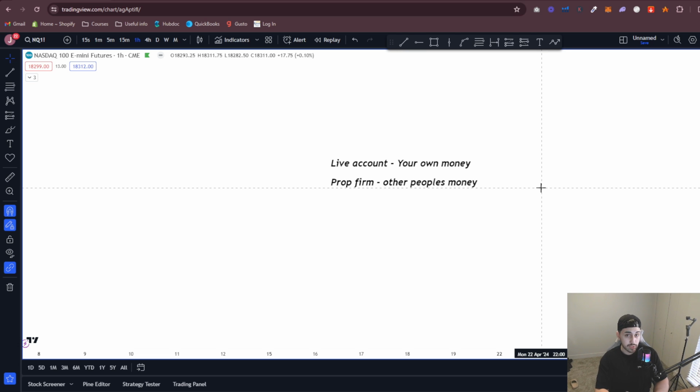And don't worry, if you blow it, you only lose the fee that you paid for that challenge. For example, if you paid $150 for a 150K account, you lose $150 if you lose that. You don't have to repay $4,500, right? Versus if you were to use your own money, you lose that money, okay? With the prop firm, you're not risking as much, okay? You're pretty much trading the drawdown of that 150K account.